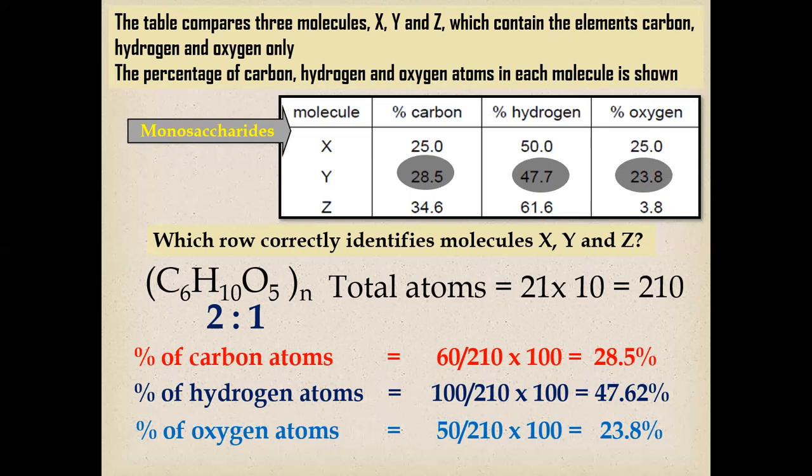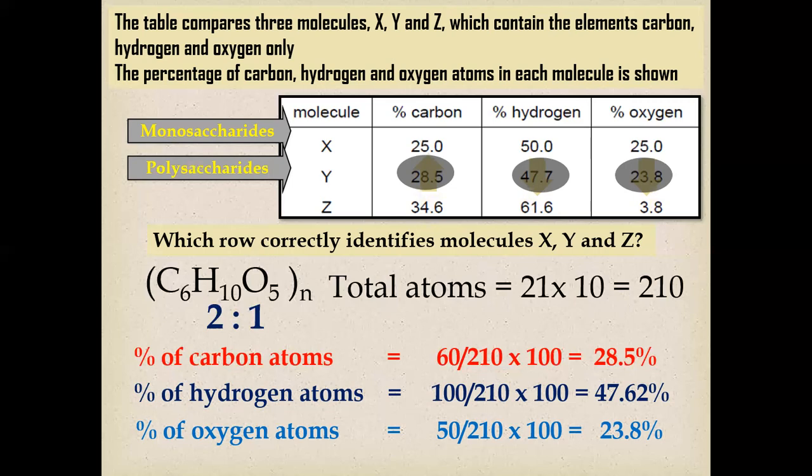So with the help of this similarity of percentages, we come to the conclusion that Y is not the disaccharide, it is the polysaccharide. When monosaccharide converts into polysaccharide, the percentage of carbon increases while the percentage of hydrogen and oxygen decreases a bit. Why?